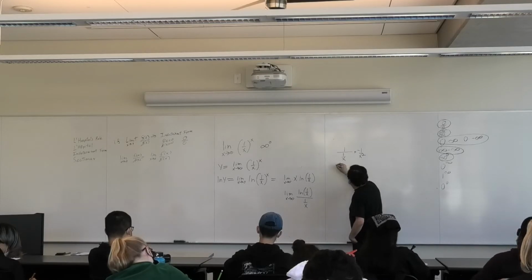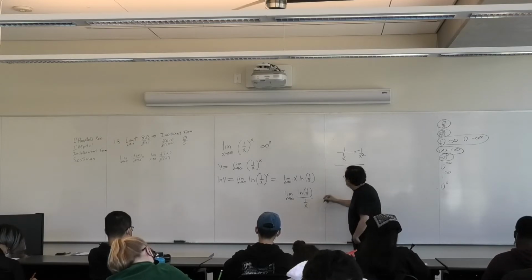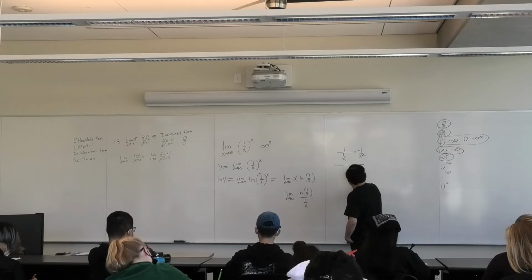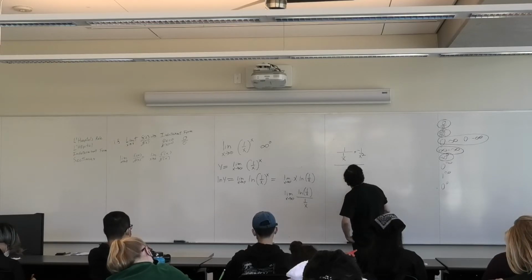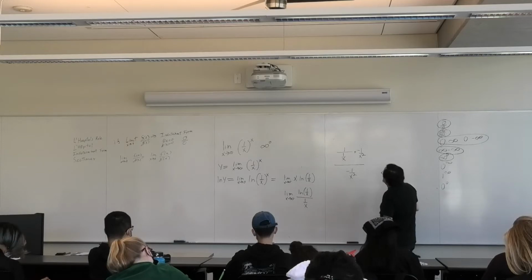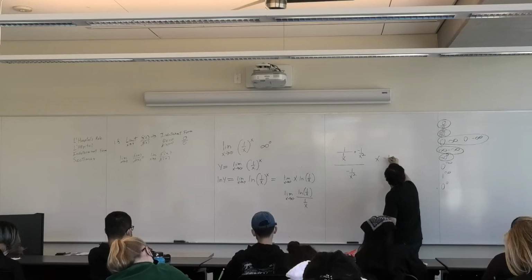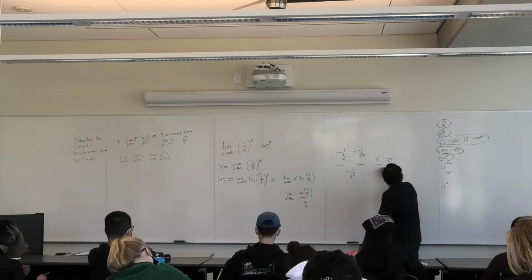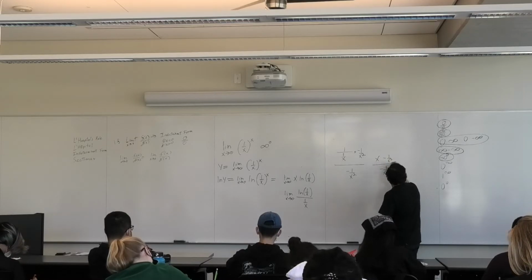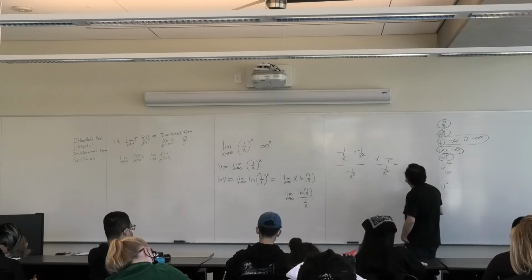And down here we have, again, this is x minus 1 over x squared. Let's multiply by x squared.